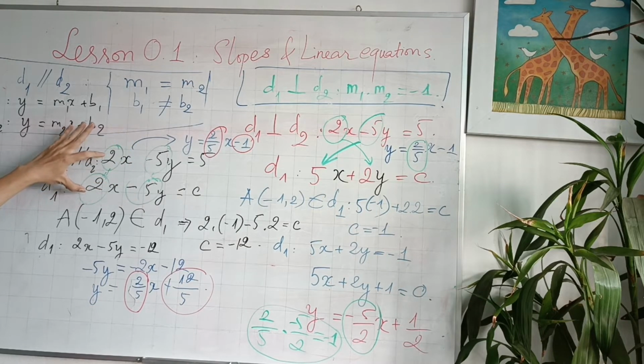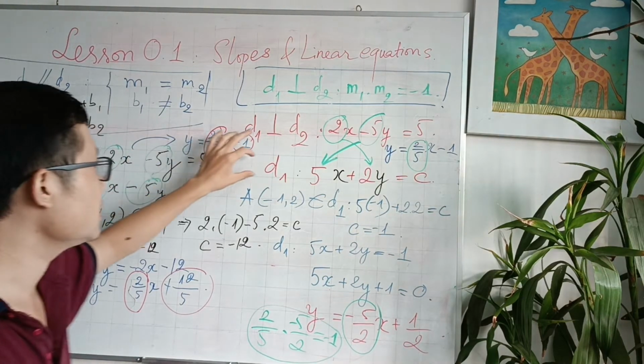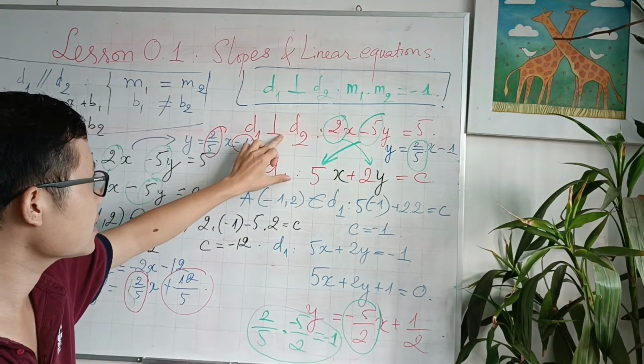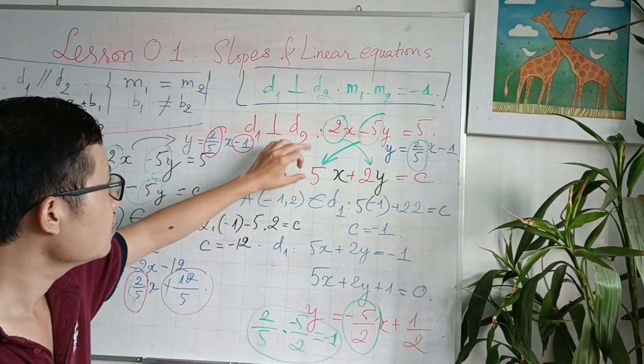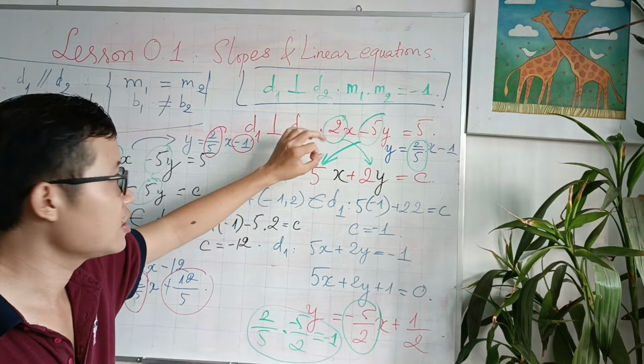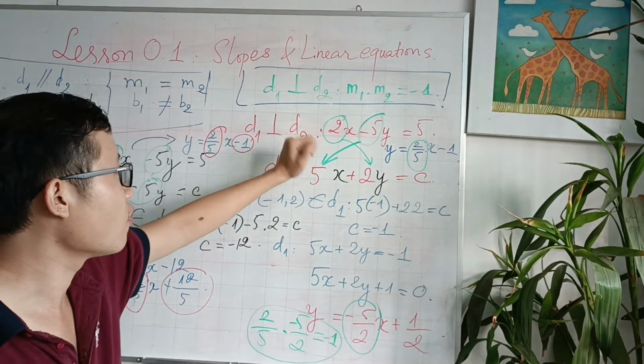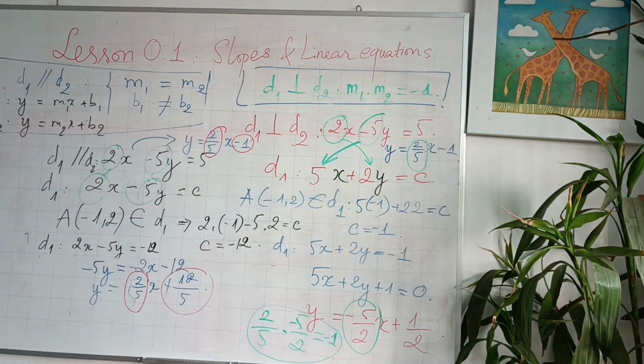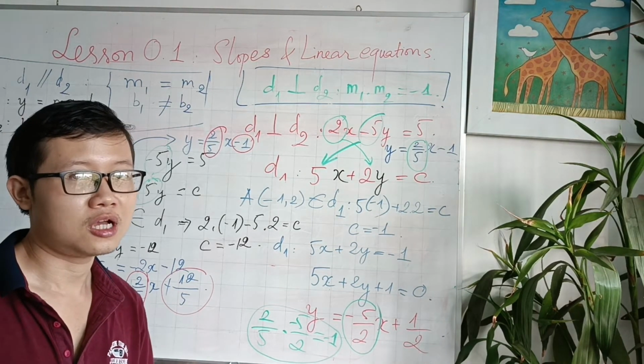When lines are parallel, you keep the same coefficients before x and y, and when the two lines are perpendicular, you swap the coefficients before x and y and change the sign of only one coefficient. This is very important to remember. Lots of things to remember.